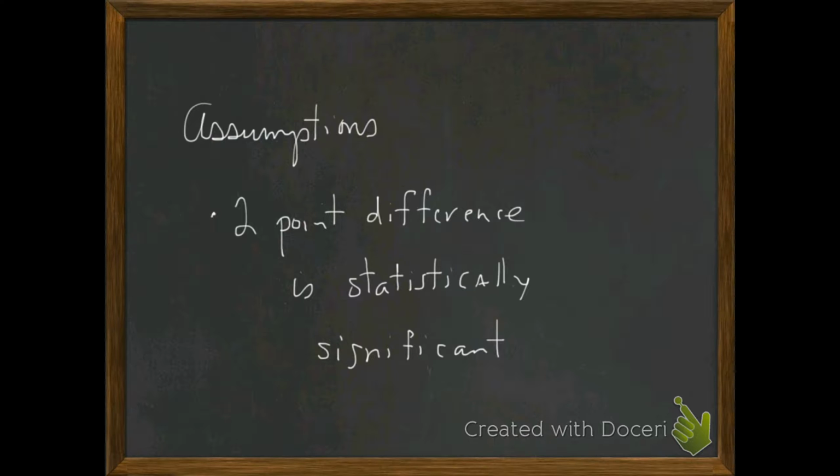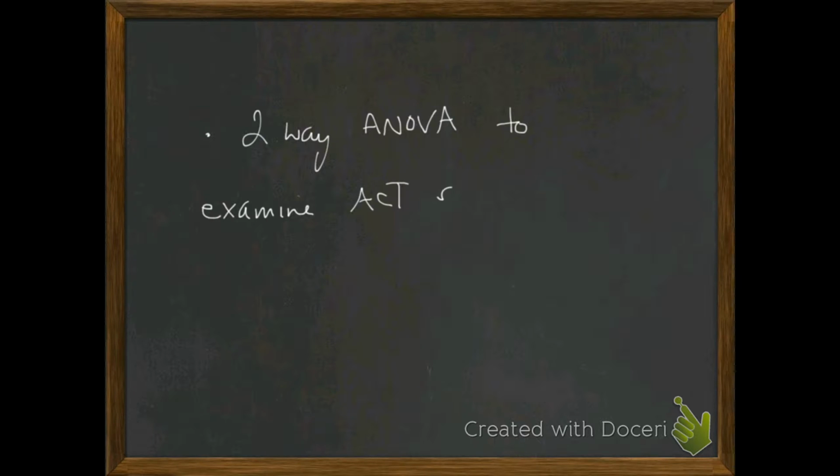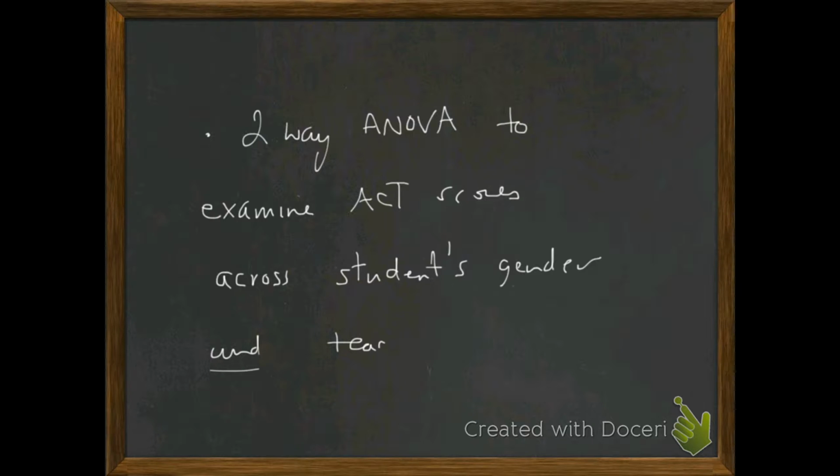The other assumption is that we are going to run a two-way ANOVA to examine ACT scores across students' gender and teacher's gender.